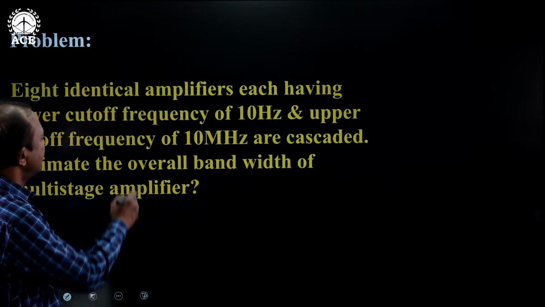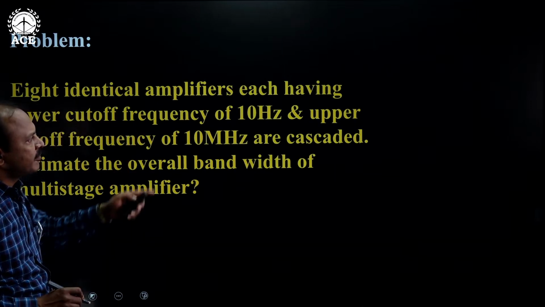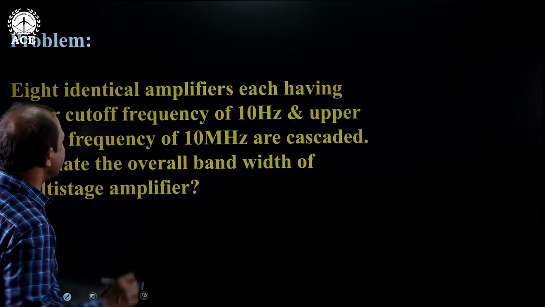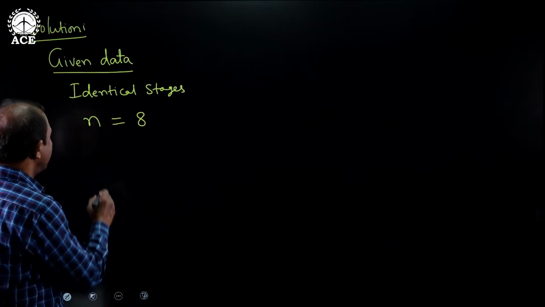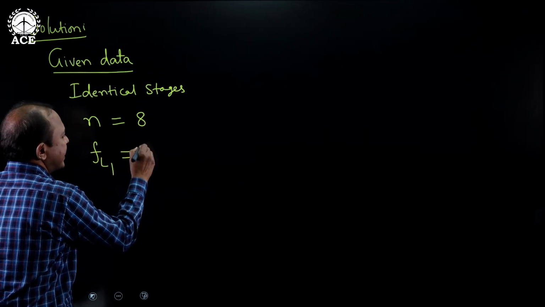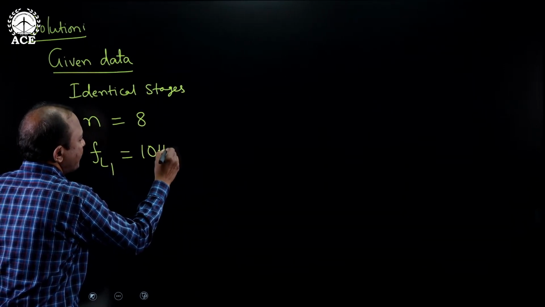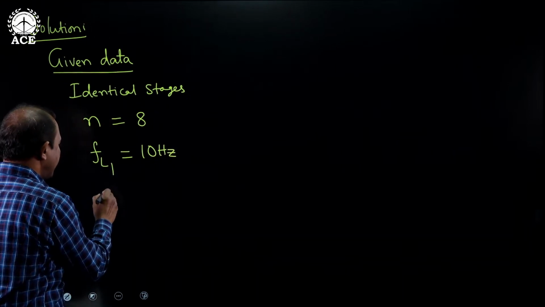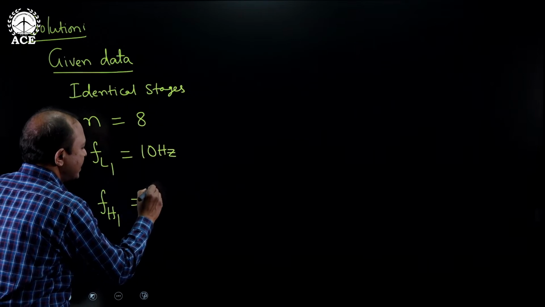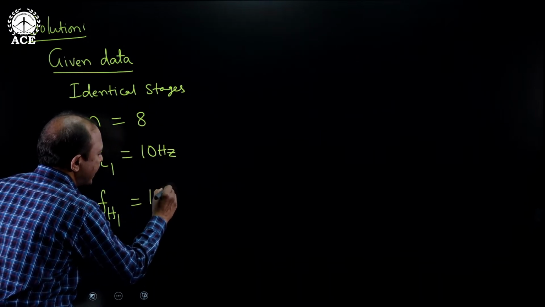Then, each amplifier has a lower cutoff frequency of 10 Hz and an upper cutoff frequency of 10 MHz. That means FL1 of the individual amplifier is 10 Hz, and FH1, the upper cutoff frequency of the individual amplifier, is 10 MHz.